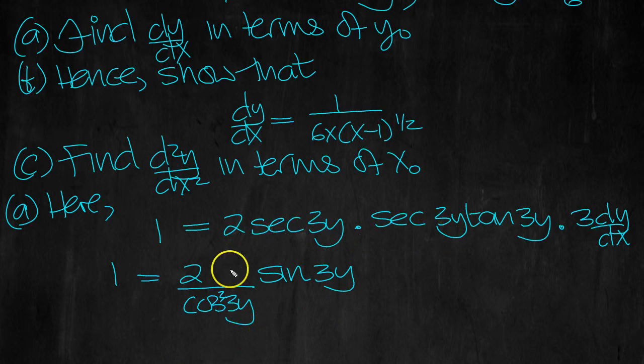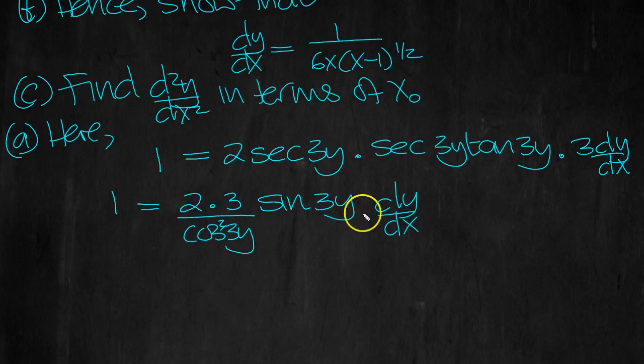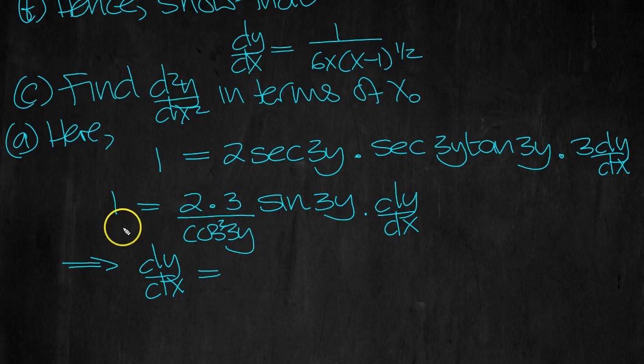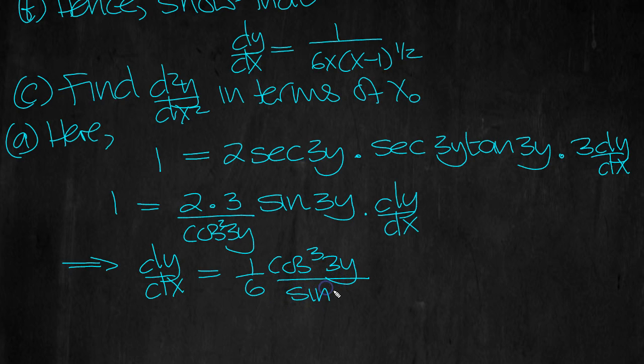And that would be a 3, so it's 2 times a 3 dy/dx. So dy/dx then, leave that as is. And on the other side, the 6 can go underneath, 1 over 6. Cosine cubed 3y over sine 3y.